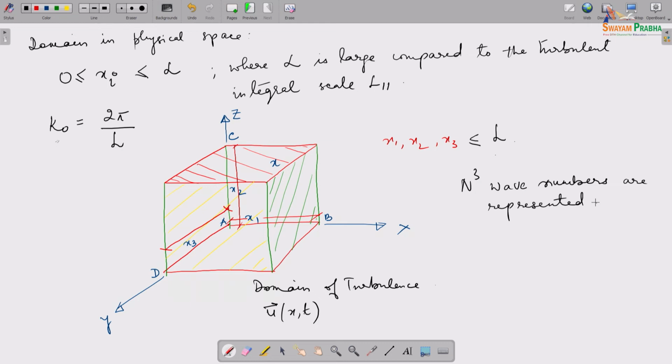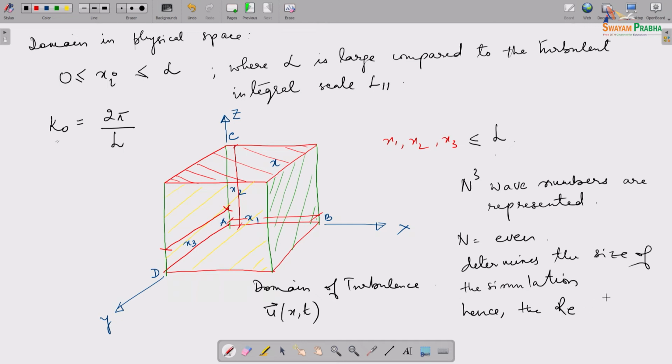N of course is even. So obviously that determines the size of the simulation. And obviously, that will also determine the Re, hence also determines the Re which can be achieved.